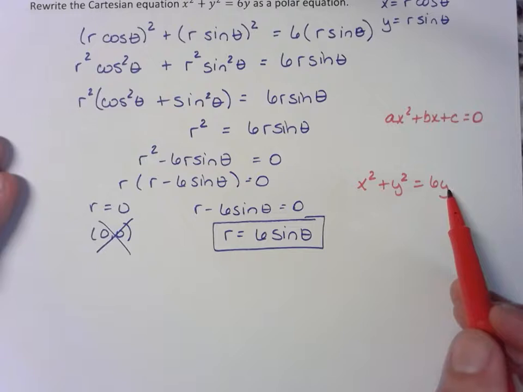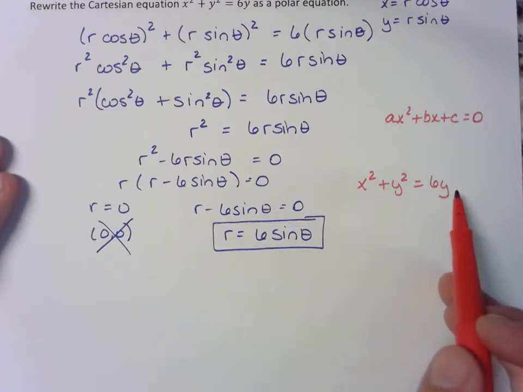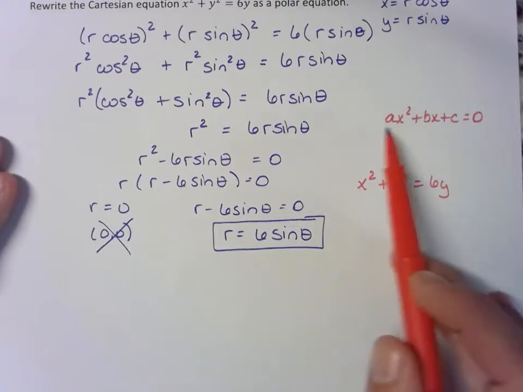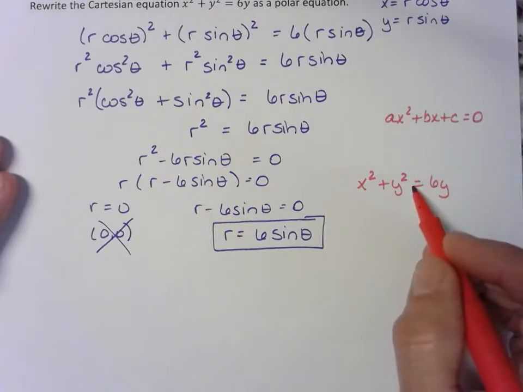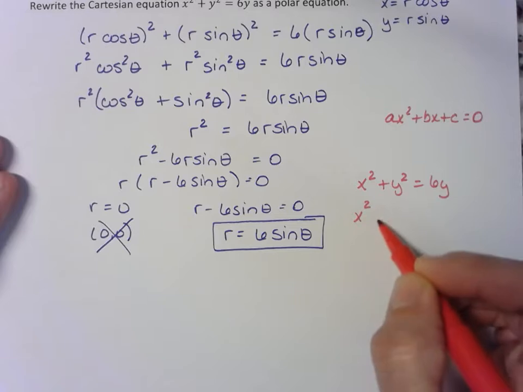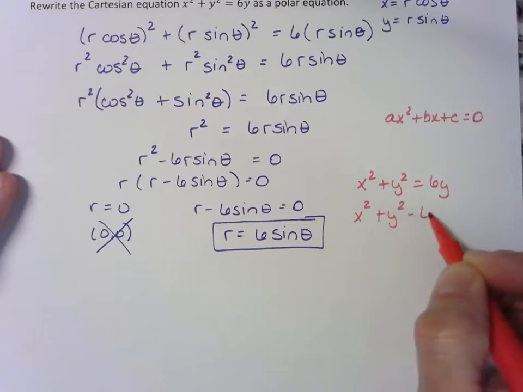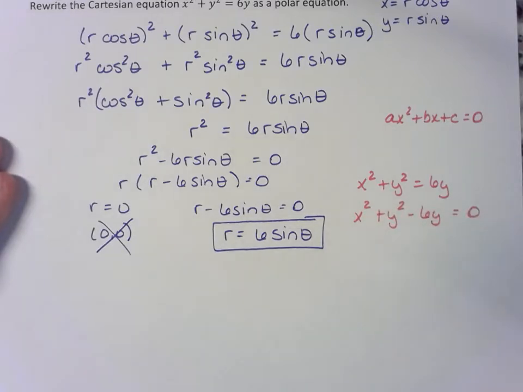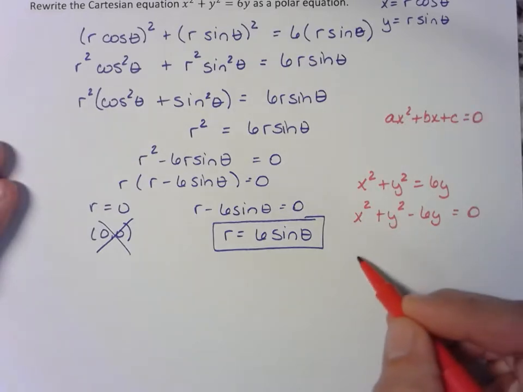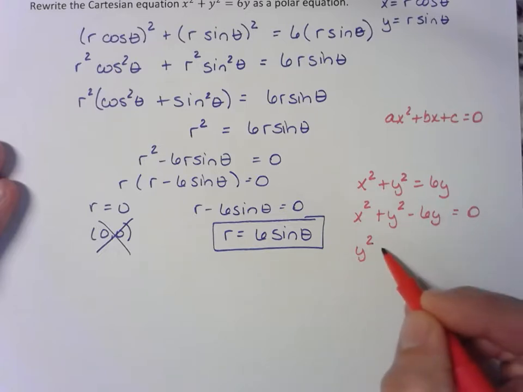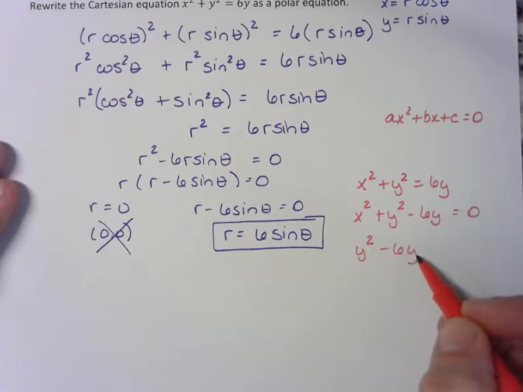So let's put everything on the same side and see how it looks compared to the general form of a quadratic equation. So we will subtract 6y from both sides. Remember I said that since the y is squared, that's taking the place of the x up here. So now our variable is actually y. I need to write it as y squared minus 6y.